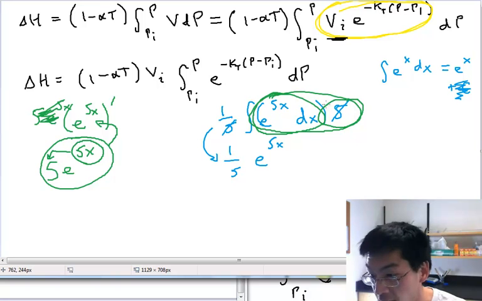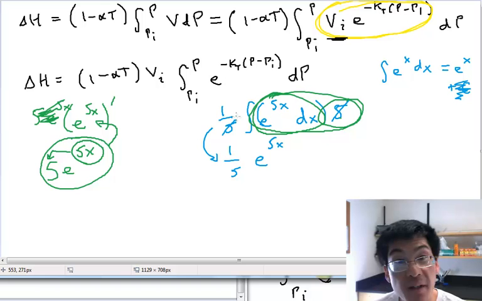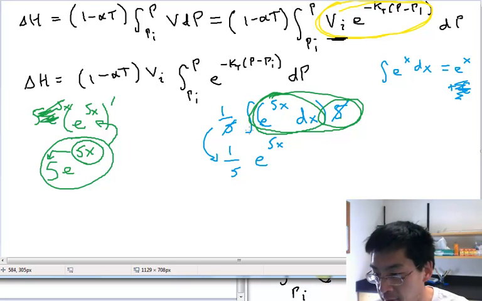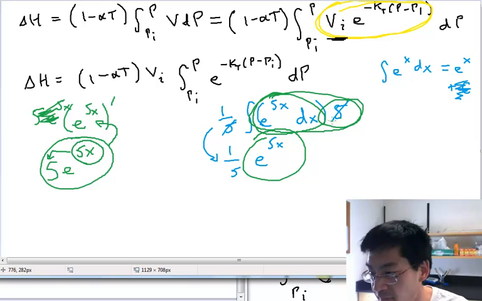But in order to put the 5 here legally, I have to undo it out of the integral. So I could put the 5 there only if I put a 1/5 out here, because 1/5 times 5 is 1, meaning I've done nothing to the integral. So at the end, e to the 5x is the antiderivative of 5 times e to the 5x dx. So that's the answer to the integral here.